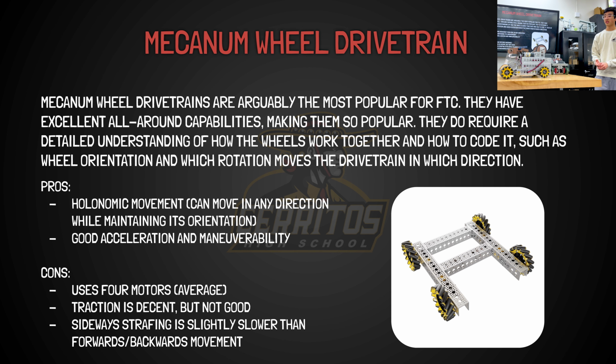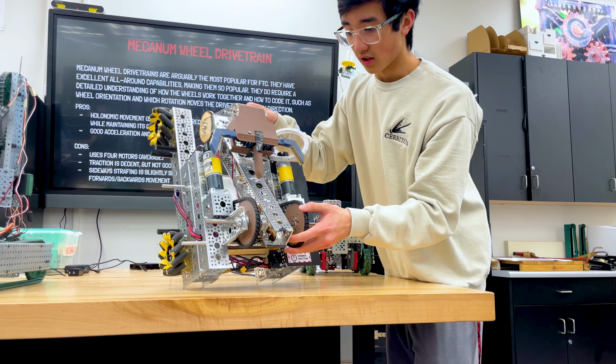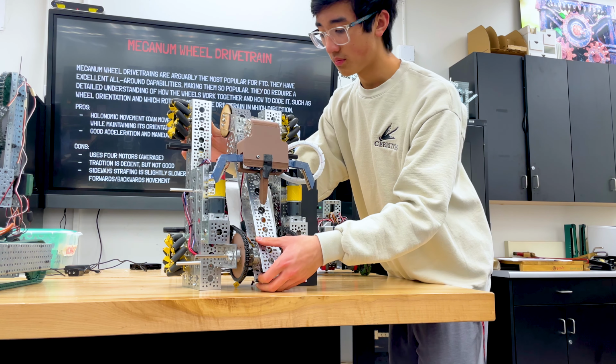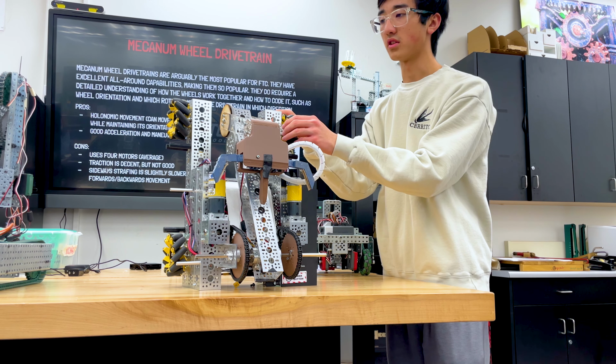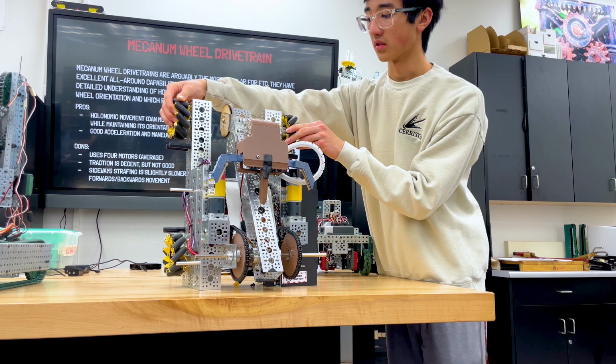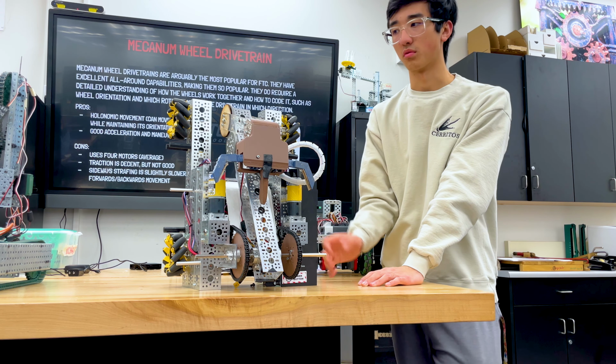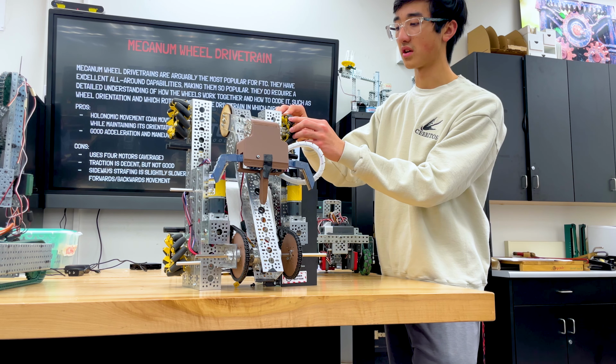It does require a detailed understanding of how these wheels work. For example, you can see over here, you do have to be mindful of how you mount these wheels, because these have 45-degree angle rollers, and you can't just slap a random wheel onto whatever and say, oh, it works. These have to be mounted at a certain angle.